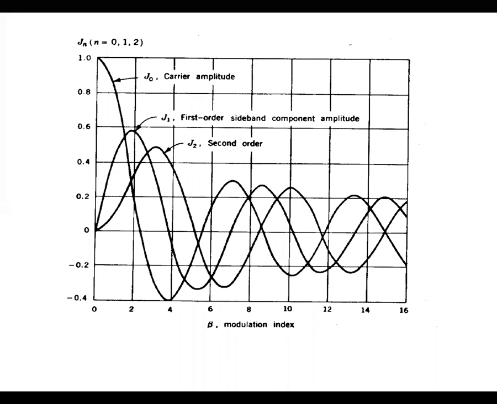The second harmonic has amplitude 0.5, the third 0.4, the fourth 0.2, the fifth 0.1, the sixth 0.01, and so on. For higher harmonics the amplitude is 0.001, 0.0001.